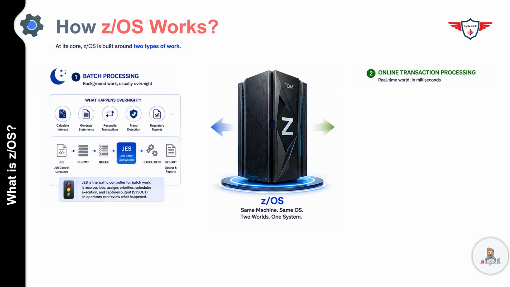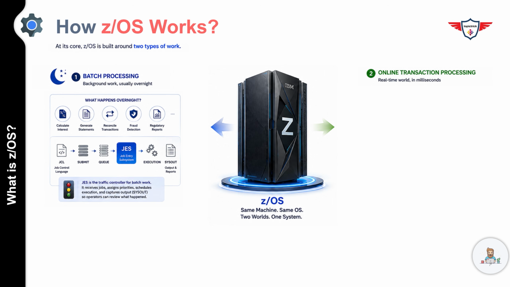Batch processing is the work that happens in the background, usually overnight. Think about what a bank needs to do every night. Calculate interest on millions of accounts, generate statements, reconcile transactions, run fraud detection across the daily activities. None of that needs to happen in real time.